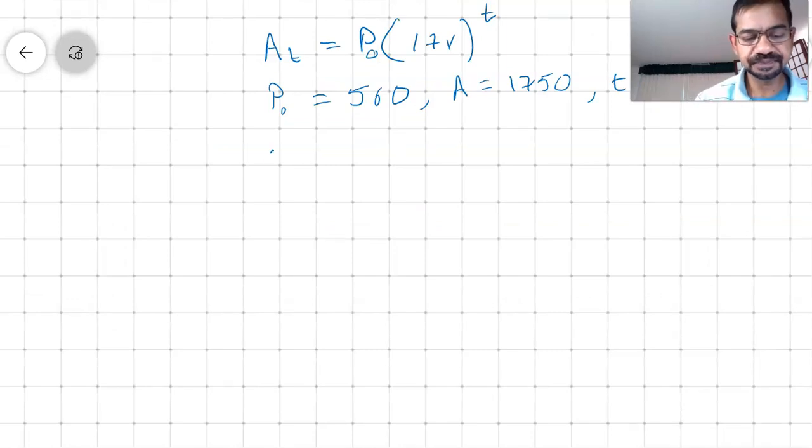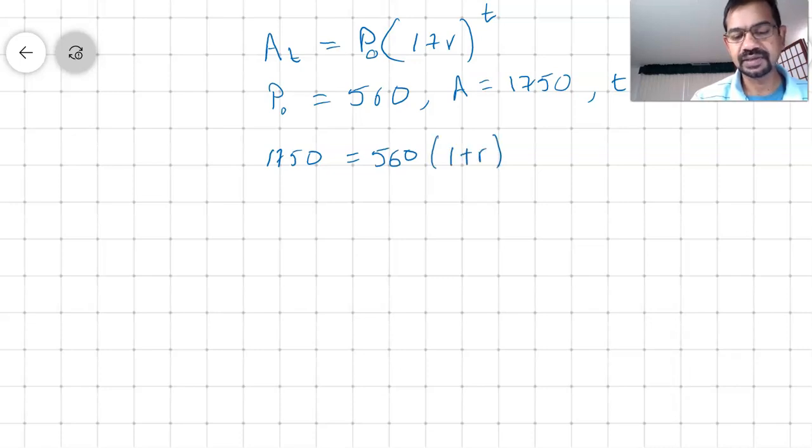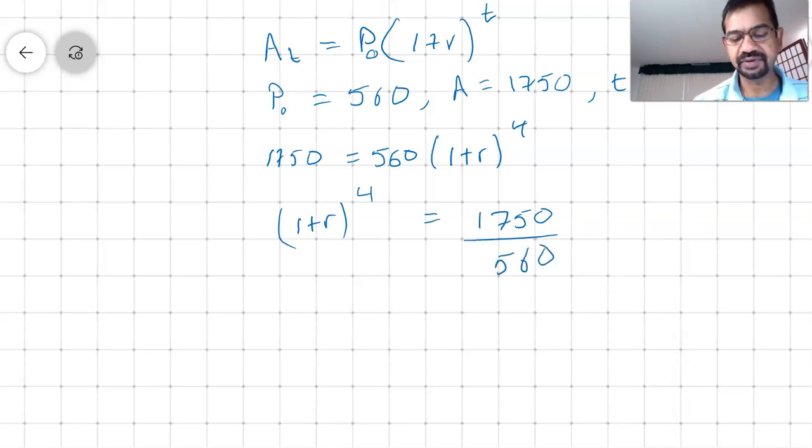What we get is 1750 equals 560 times (1 plus r) to the 4th power. Now we can start simplifying this already. What we get then is (1 plus r) to the 4th power by itself equals 1750 divided by 560.